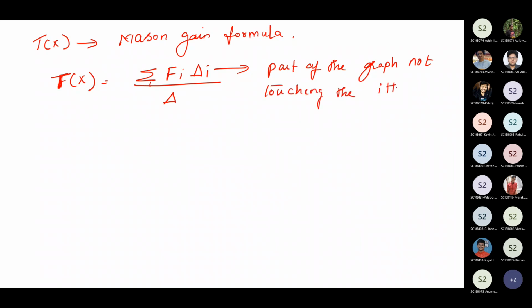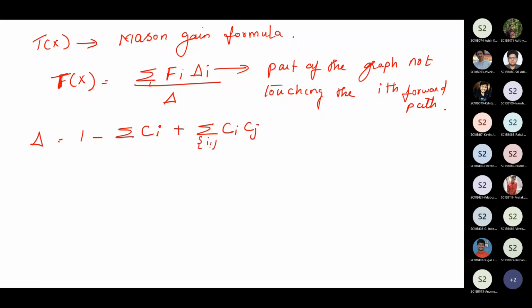Then how is delta defined? 1 minus the sum of your loop gains, plus the sum of Ci Cj.